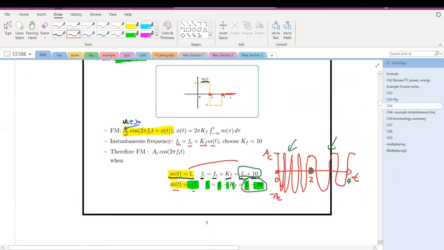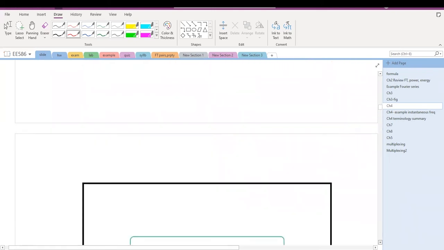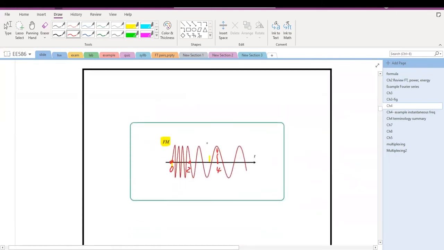So actually the frequency goes to fc. So this is fc plus 10, this is fc minus 10, and this is fc. This is for illustration purposes, and this is our time t.